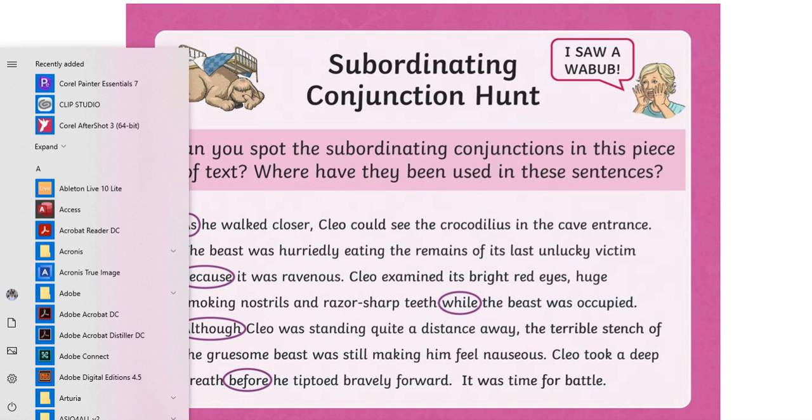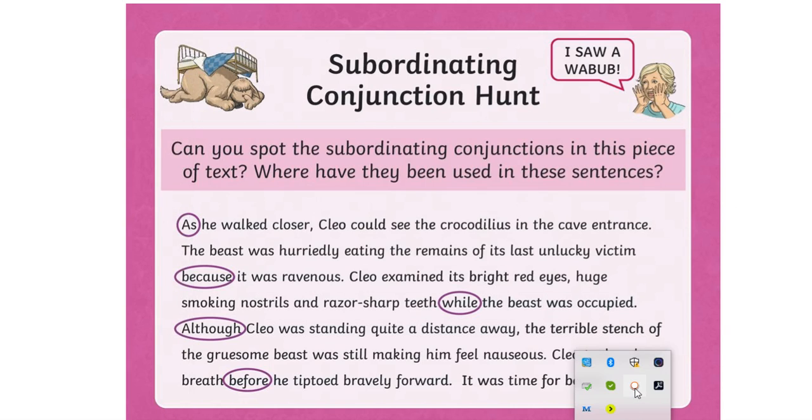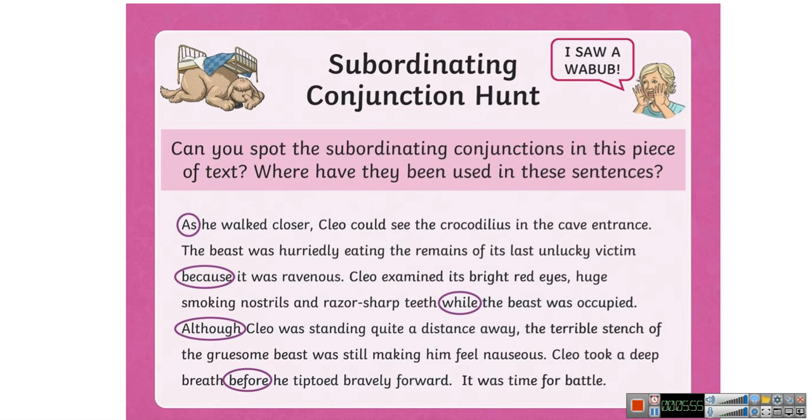So what do we see here? We see that we have a story about Cleo having an encounter with a crocodile. However, he's making the story quite longer just by adding these conjunctions: as, because, while, although, and before. Conjunctions, in this case, are tying two ideas.